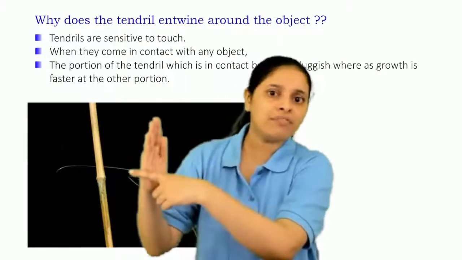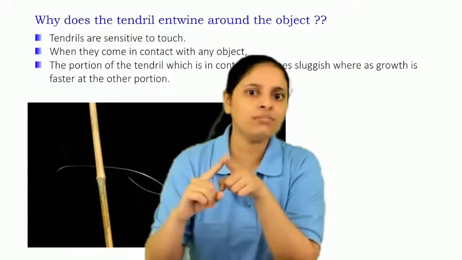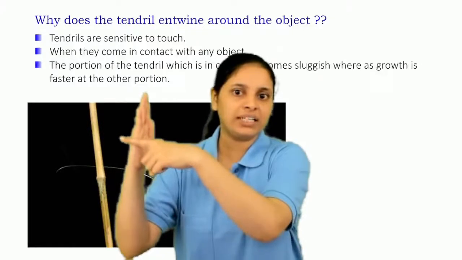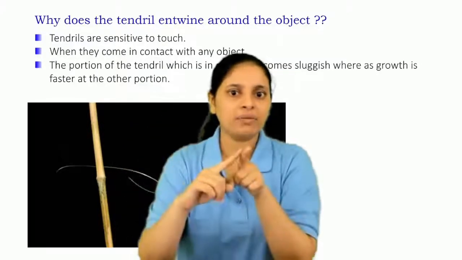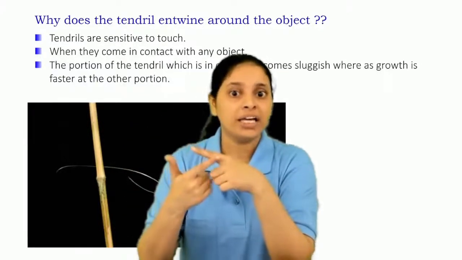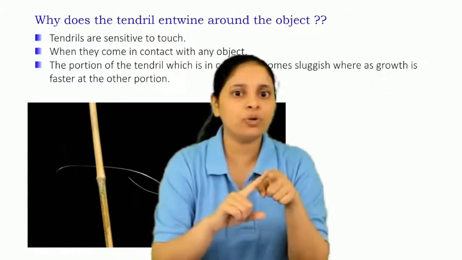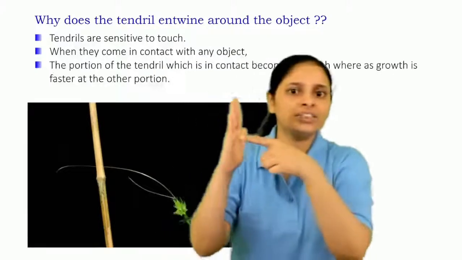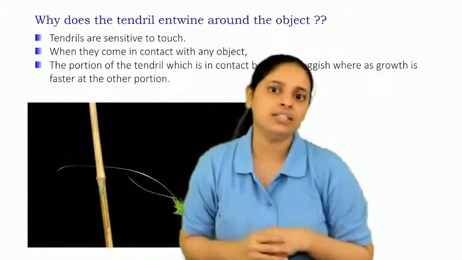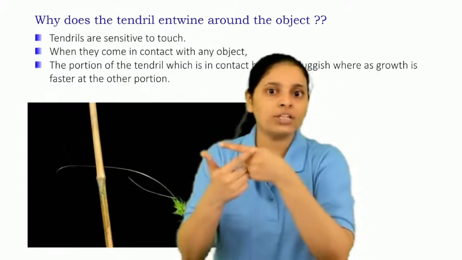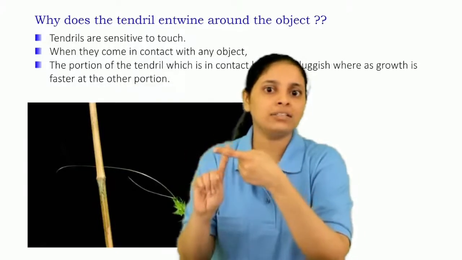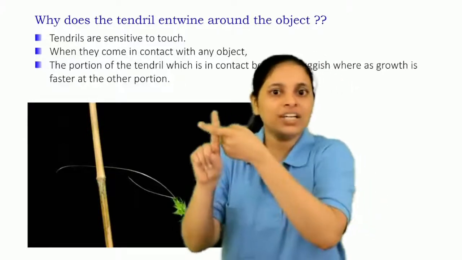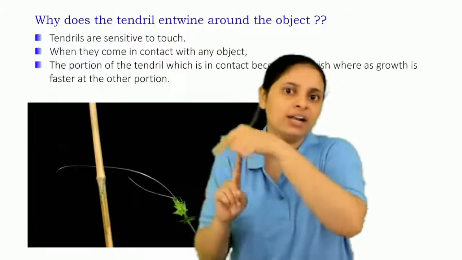So what will happen everyone? यहाँ पे growth कम होगा. और जो दूसरा पार्ट है, ये कांटेक्ट में नहीं है, ये फास्ट ग्रो करेगा और ये थोड़ा स्लगिश है, थोड़ा कम ग्रो करेगा. तो क्या हो जाएगा? स्लोली दिस विल कर्ल अराउंड द सपोर्ट, मोर ग्रोथ ऑन द आउटर साइड, और जो पार्ट टच होता है टू द सपोर्ट, this will grow slowly. So this will lead to curling of the tendril slowly.